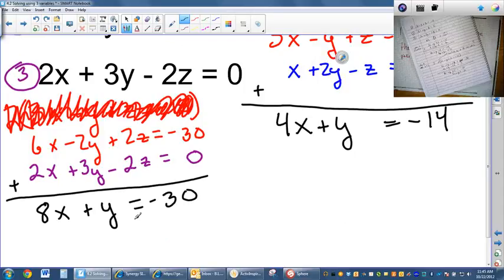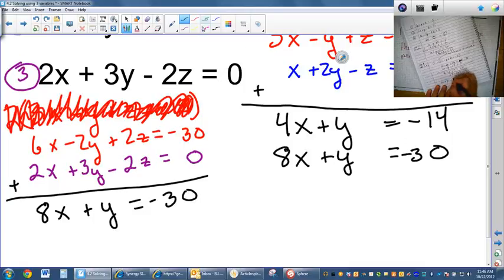I now have 2 brand new equations, both here in black. Using my 2 new equations, I want to solve for the value of the variables, like what we've been doing. I'm going to copy over 8x plus y equals negative 30.